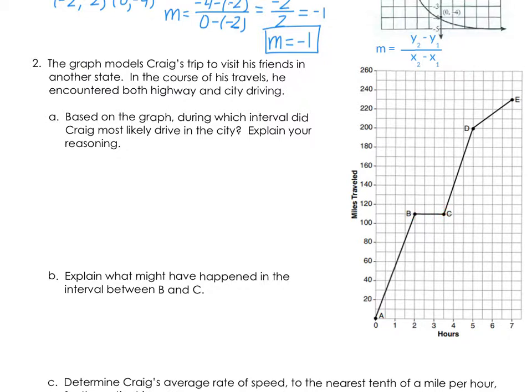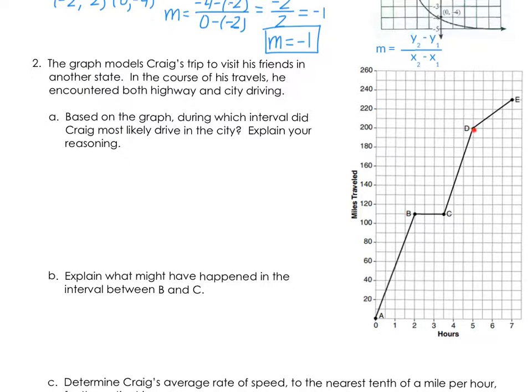And then from C to D, it's from 3.5 hours to about 5 hours, so that's about an hour and a half, and he has driven from 110 to 200. So that's again pretty fast.